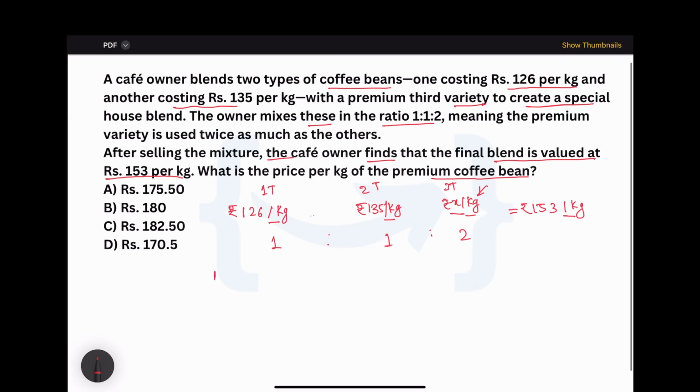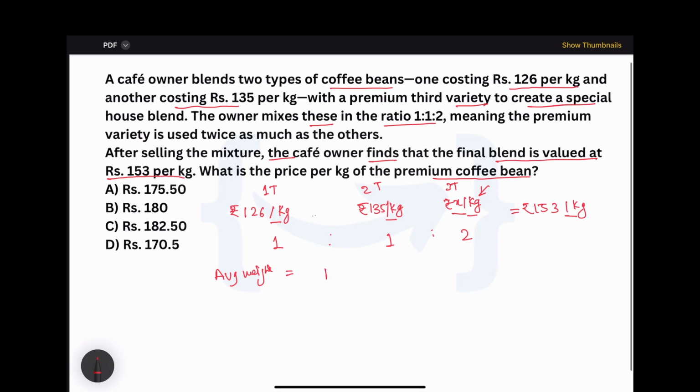Now, if we take the average weight which will be included to create this premium blend, or the final blend: I took 1 kg of that, so it costs me 126 rupees, isn't it? Then I took one chunk which costs 135 per kg. Then I took 2 chunks of this X rupees cost.